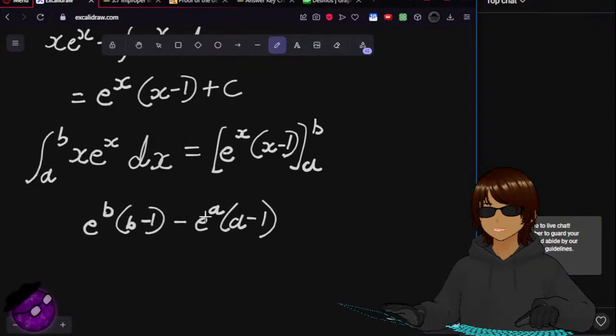Wait, hold on. If a is 0, sorry, if b is 0, this part goes away.